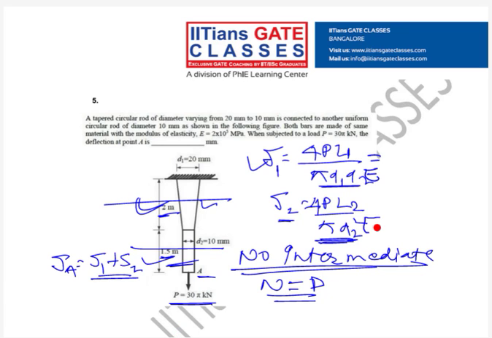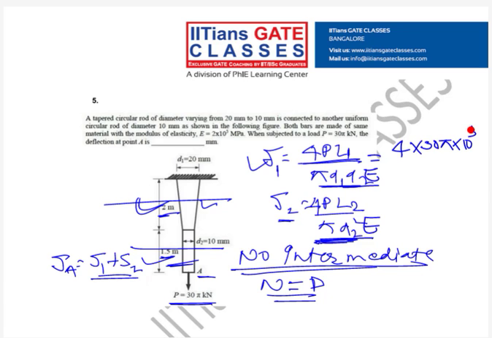Okay, E should also be there. 4PL upon pi d1 d2 E, and here also E will be there. So convert all the dimensions to mm. So what is it? 4 into 30 pi into 10 to the power 3.